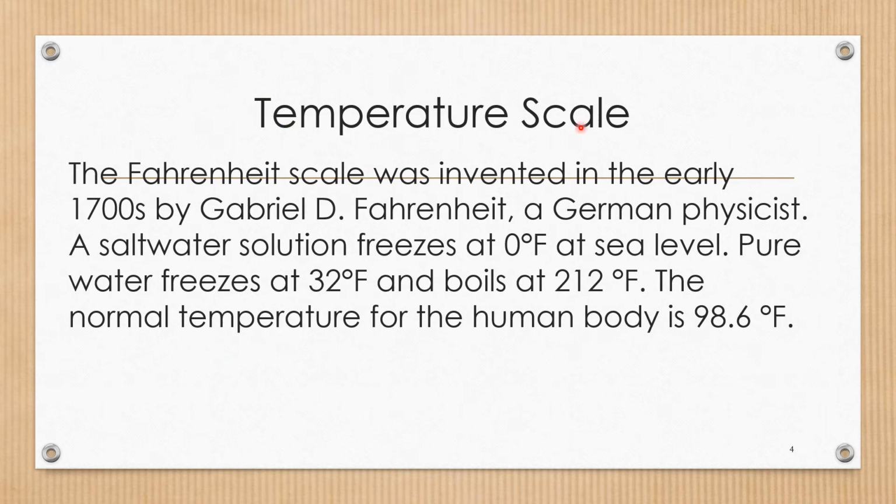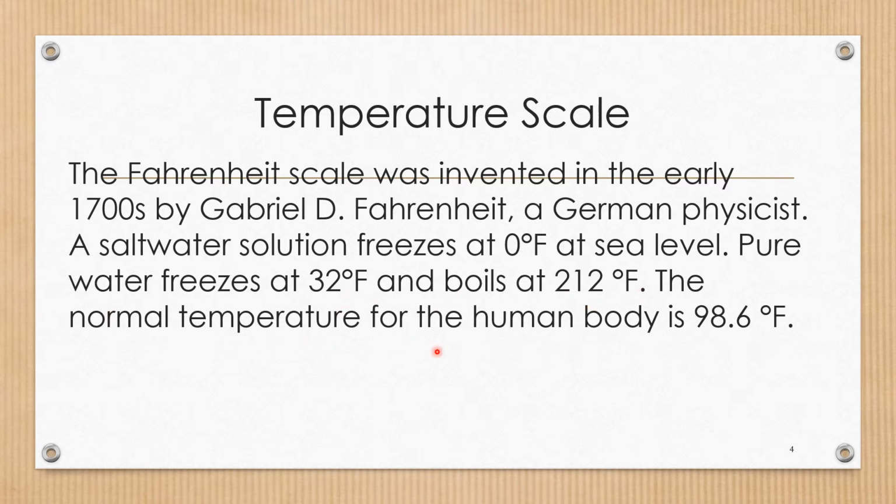We have the temperature scales. The Fahrenheit scale was invented in the early 1700s by Gabriel Fahrenheit, a German physicist. A saltwater solution freezes at 0 degrees Fahrenheit at sea level. Pure water freezes at 32 degrees Fahrenheit and boils at 212 degrees Fahrenheit.